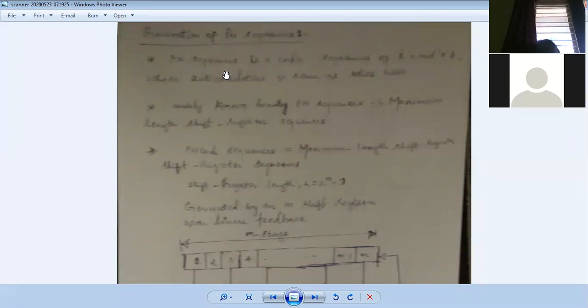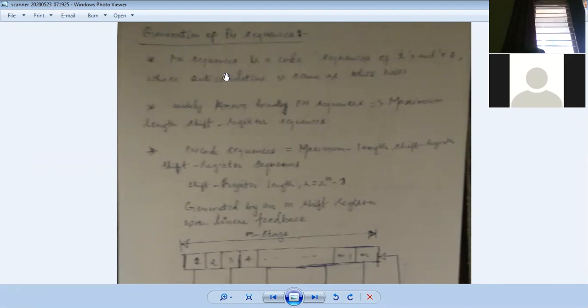This PN sequence is generated as soon as the binary signal comes. Then the signal is multiplied by the PN sequence, which is in coded form like 1001, which enhances the bandwidth of the signal.